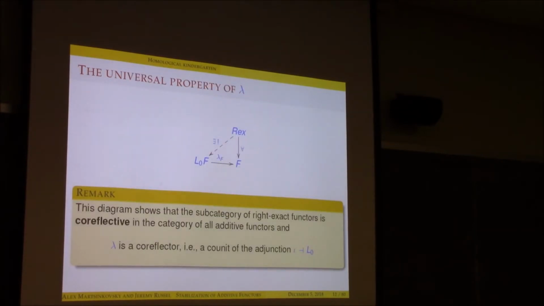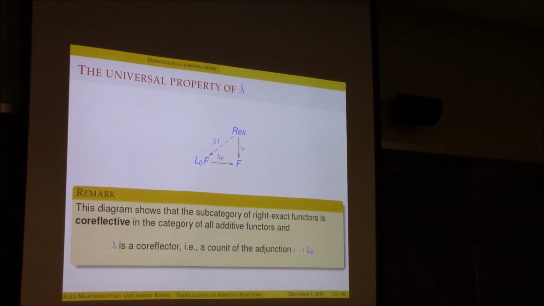So here's the picture. Here's your transformation from the zeroth left-derived functor to F. This is a right exact functor. Pick any right exact functor, Rex here, and take any natural transformation to F. There will be a unique natural transformation into the zeroth left-derived functor of F, making this diagram commute.